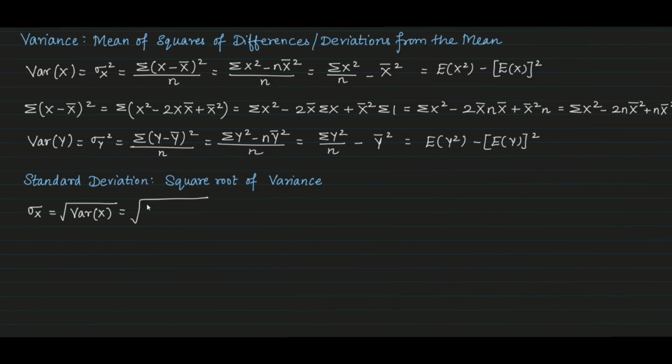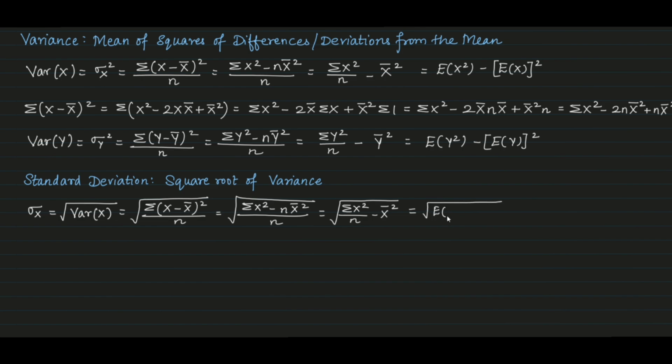So it will be square root of summation x minus x bar the whole square by n, which is equal to square root of summation x square minus n times x bar square by n, which is square root of summation x square by n minus x bar square, which is square root of expectation of x square minus expectation of x the whole square.